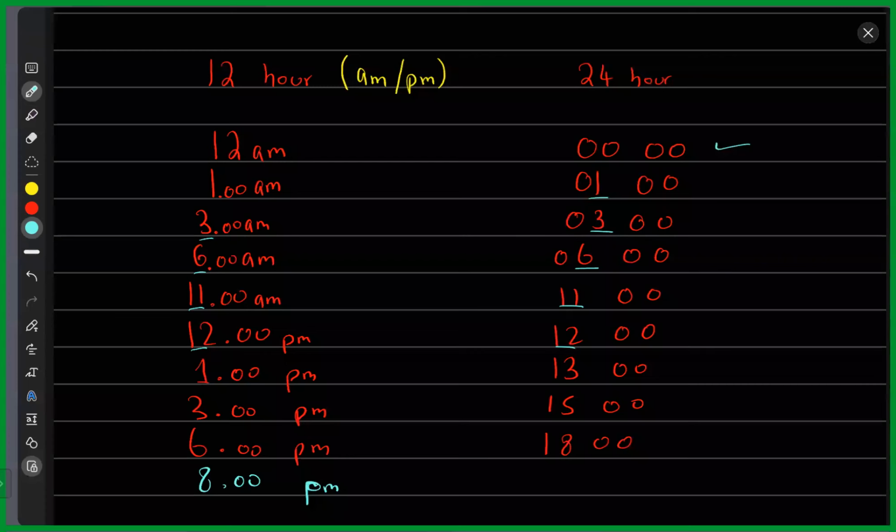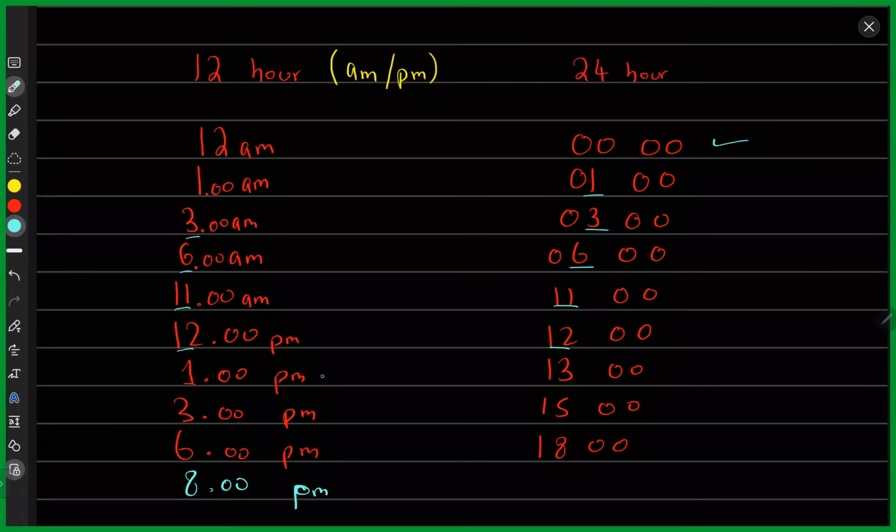But from 1 p.m. to the 24-hour clock, you need to add 12. From 3 p.m. to the 24-hour clock, I'll add 12. Similarly, 6 plus what is giving me 18? 6 plus 12 is giving me 18.